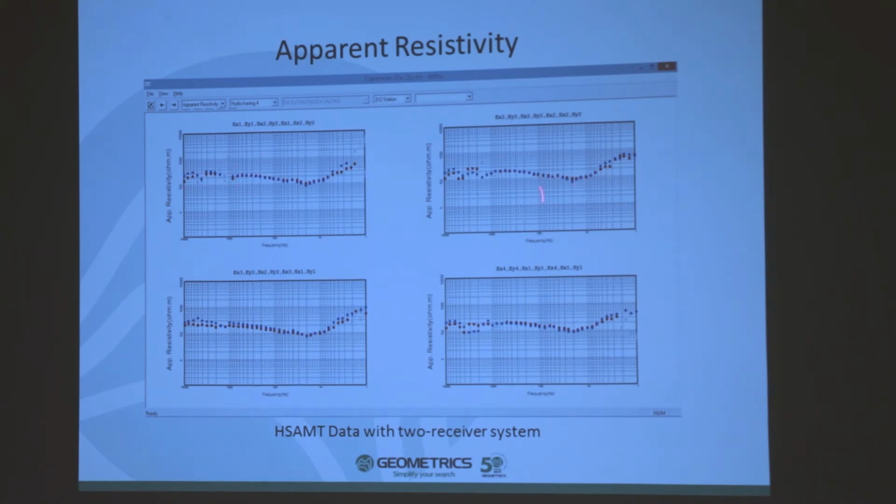Each receiver box is doing 2 soundings and in 2 directions each one. The red curve is along the profile line, and the blue curve is perpendicular to the line. So we actually are having 8 soundings done simultaneously here. And that's the first box, that's the second box, and very nice resistivity curves here.